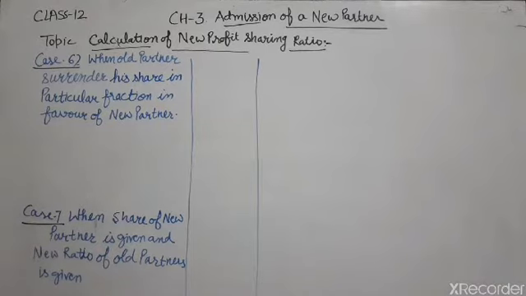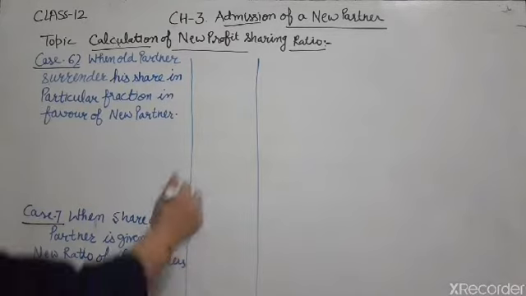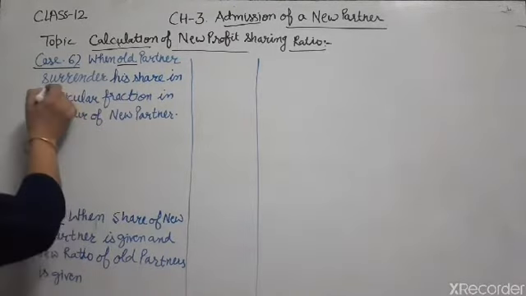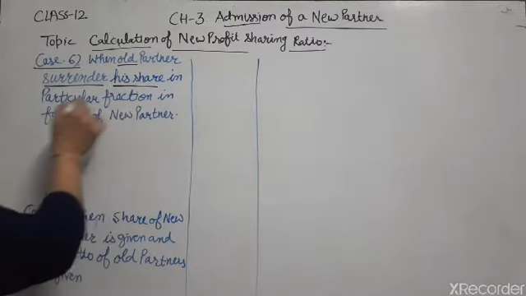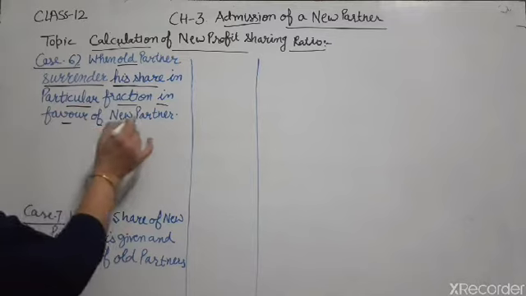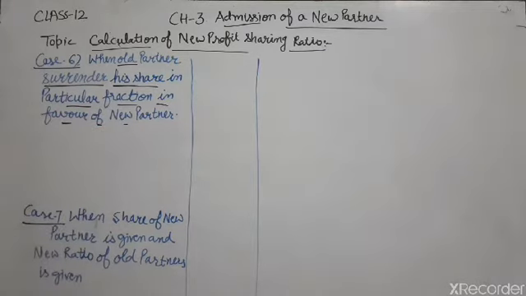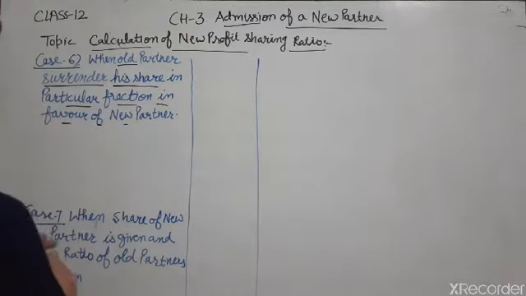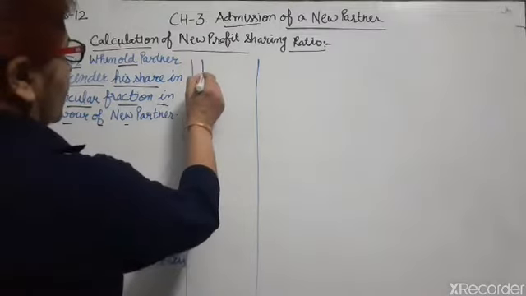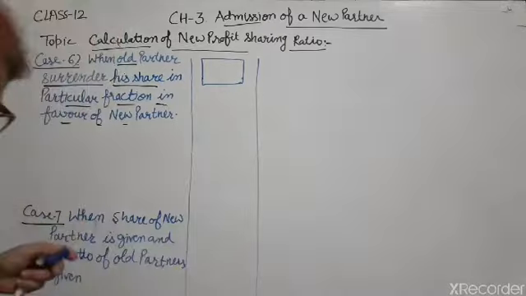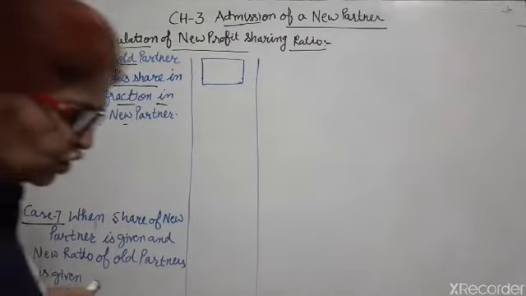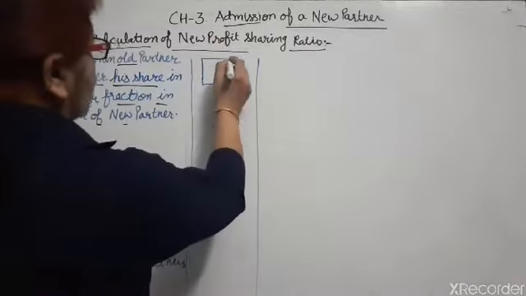Now the sixth part: calculating the new profit sharing ratio when an old partner surrenders, meaning sacrifices, his share in a particular fraction in favor of the new partner. In this case, for example, there are two partners and they are sharing their cake in the ratio of 7:3.